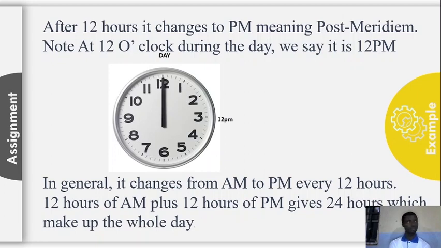Are we okay? Good. In general, it changes from a.m. to p.m. every 12 hours. Now, look at it. When the longer arm moves 360 degrees in a circular path like this and comes back to 12, it changes from a.m. to p.m. Okay?